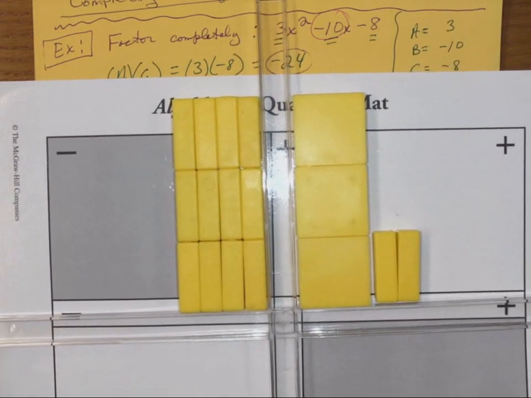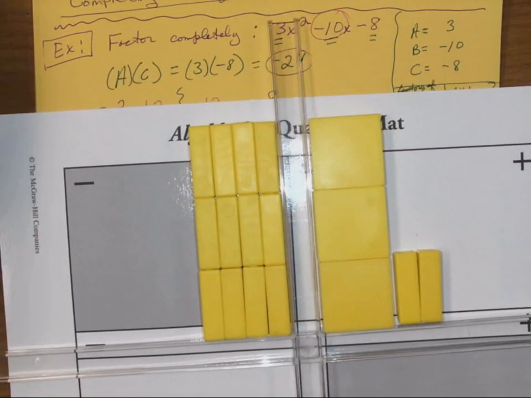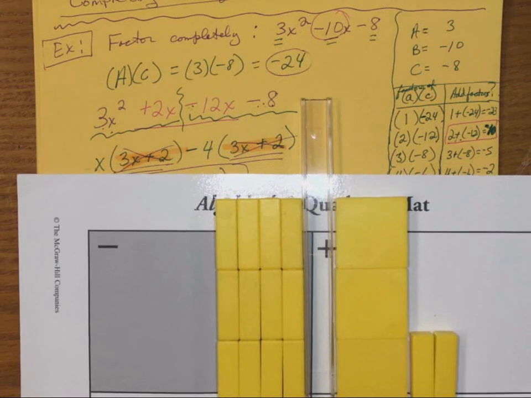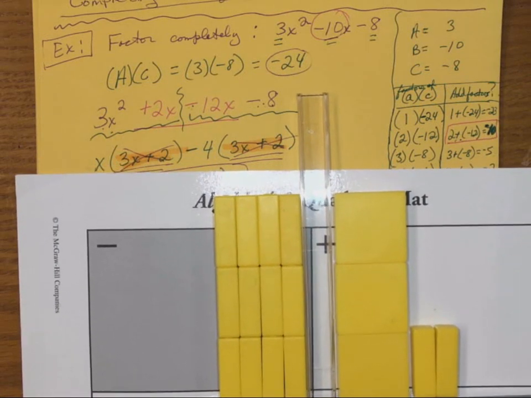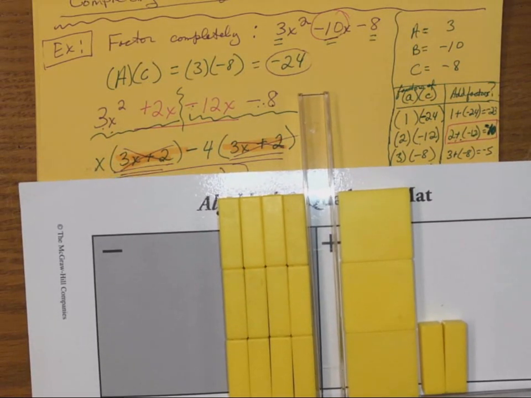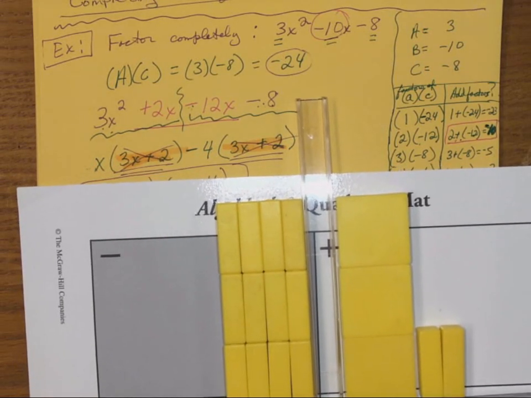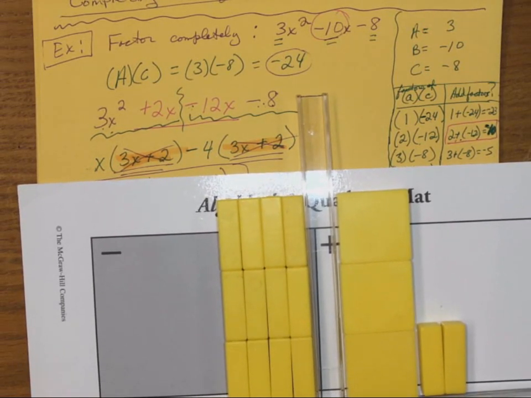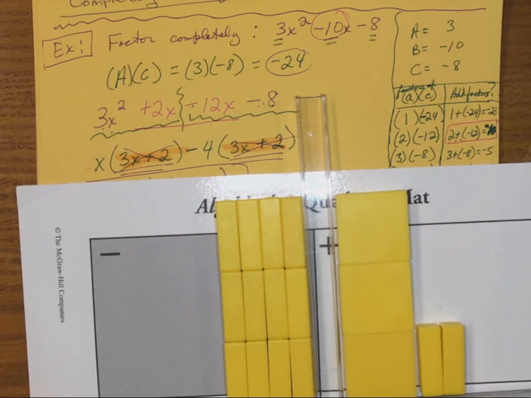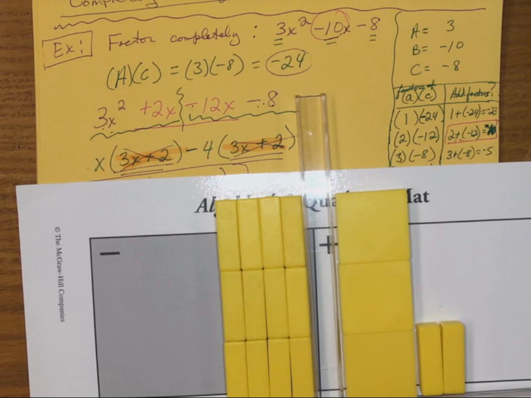And what I would like to do is let you think about it. I want you to go back and think to yourself, what happened in here that I can see in my factors. So think about your AC method. I know I see 3x plus 2, right?